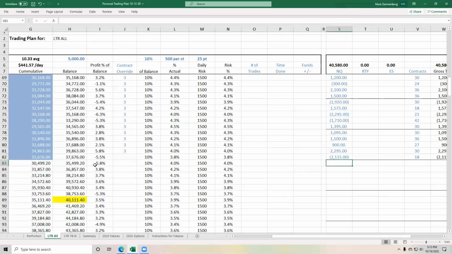Today in this category, we did 35 points, and so that's 35 times $20 a point per contract, and then we're trading 3 contracts, so today was positive 2,100. So Friday and Monday kind of netted each other out, but more importantly, we're going to show you what that means in terms of your full 12-month, 52-week forecast. We did 10 trades, 3 contracts per trade, so it's 30 contracts in total.